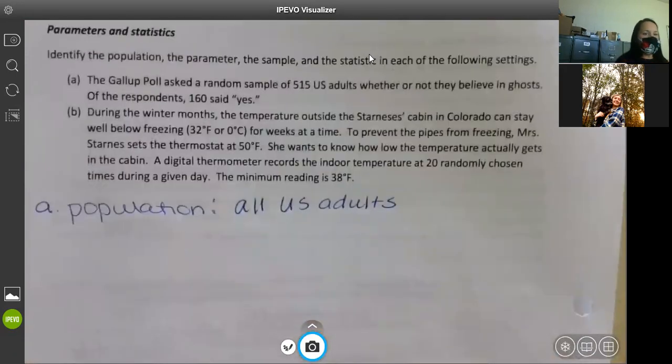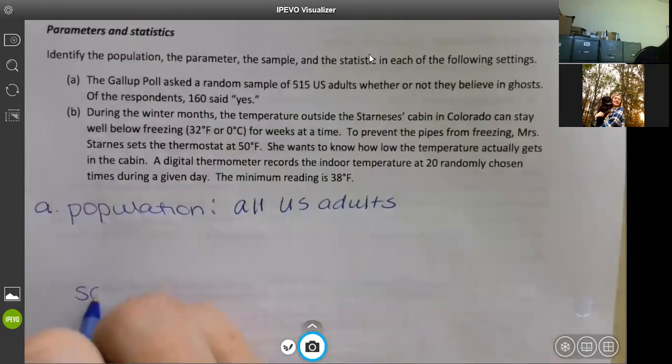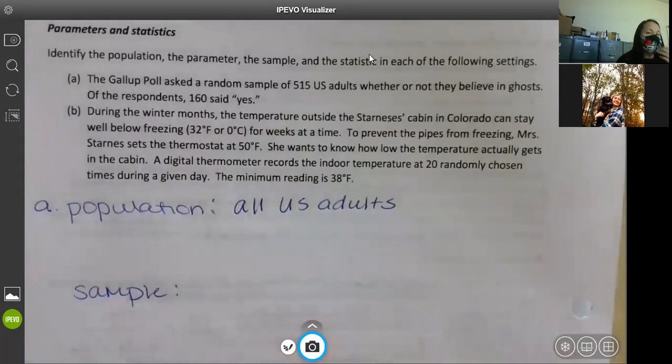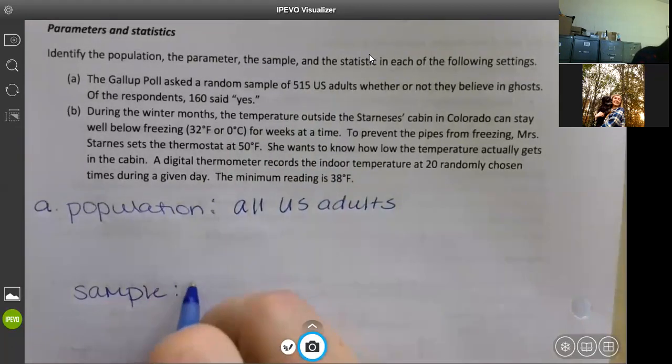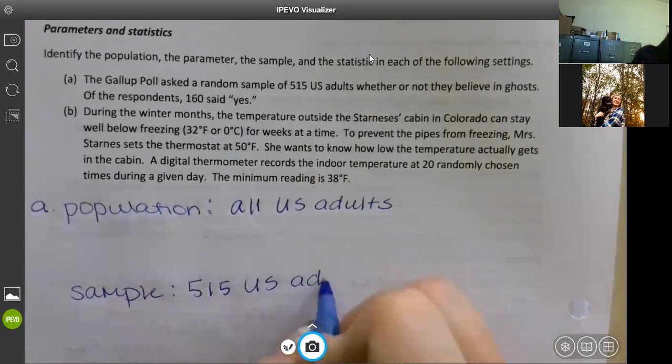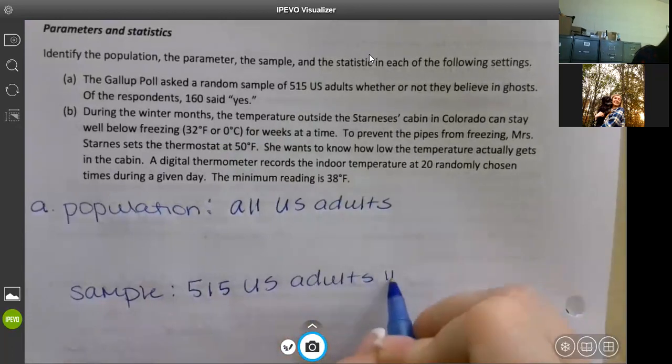Sometimes it's easy to do the sample. I'm leaving a space so we can do the parameter after that. So if the population was all of them, the sample was the 515 U.S. adults interviewed.